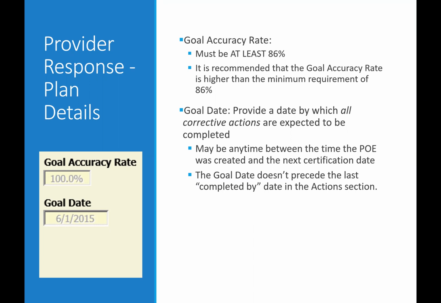And the goal date is really a date by which all corrective actions are expected to be completed. And we'll talk about each corrective action in just a moment. This goal date might be any time between the date the plan of enhancement was created and the next certification expiration date. The goal date shouldn't precede the last completed by date in the actions section.